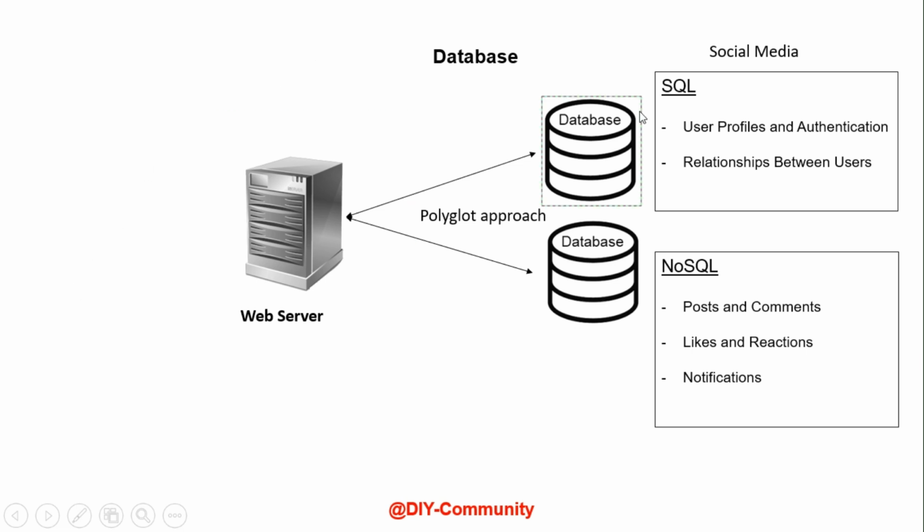In our case study, we can implement our system design by putting the tables which contain data related to user profile, authentication, and relationship between users, etc., on the SQL database. We can put the data which contains post, comment, like, reaction, notification, etc., on the NoSQL database.